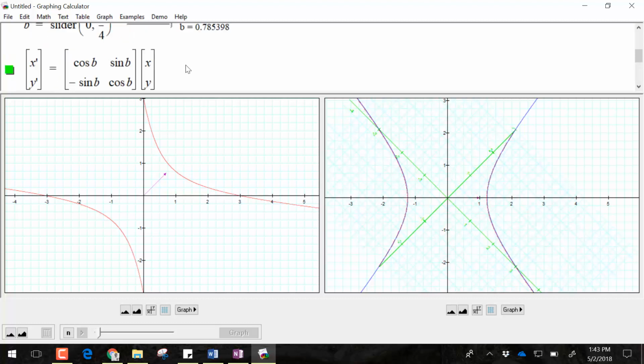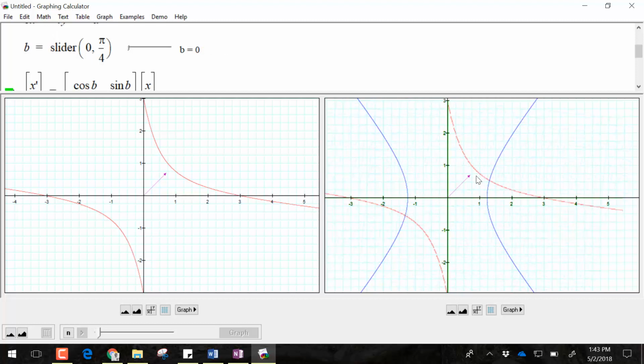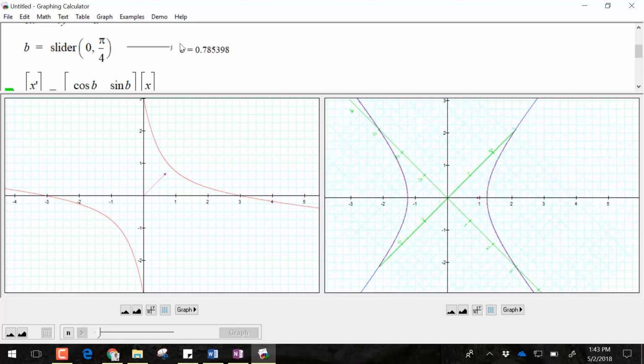If we take the slider again to see how it shifts, this is originally where that vector is, and as we turn it, it becomes the 1, 0 vector. So it becomes a nice basis vector for the y axis. Yes, you're mapping x into y. The P mapping goes from the left graph to the right graph, and the P inverse goes from the right to the left.